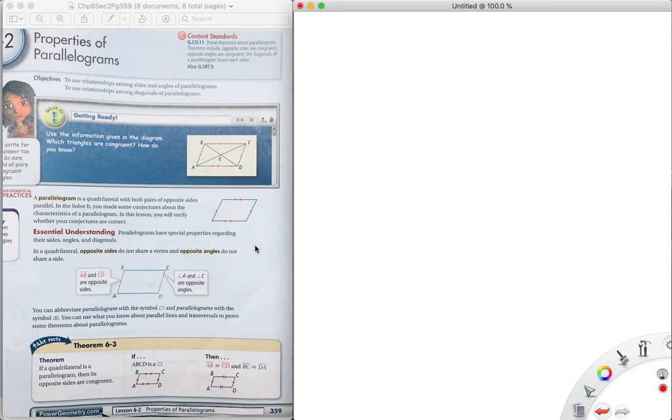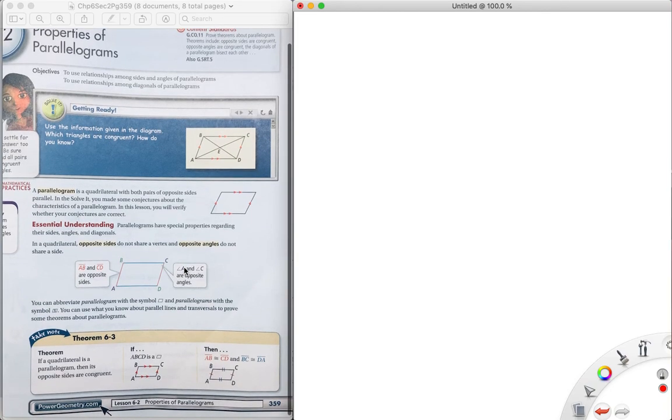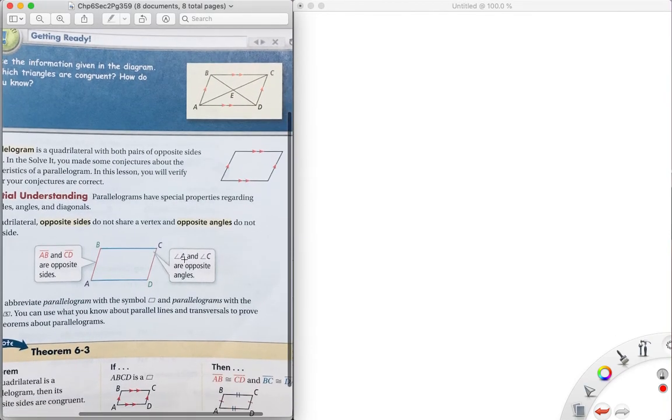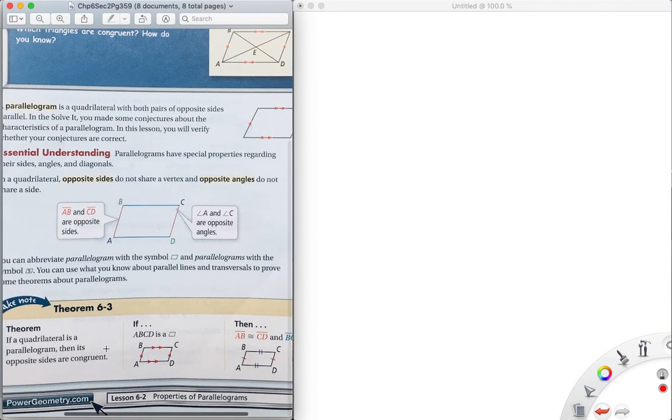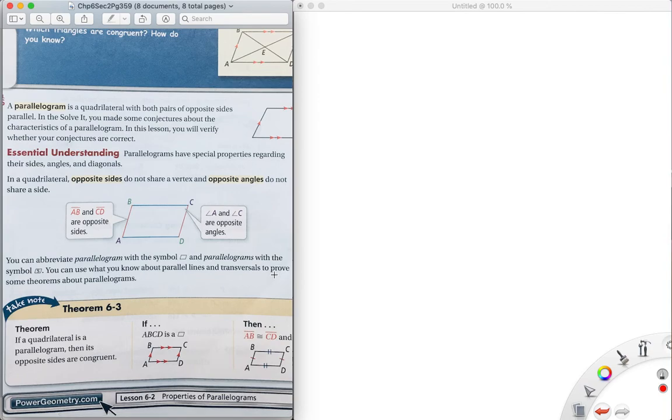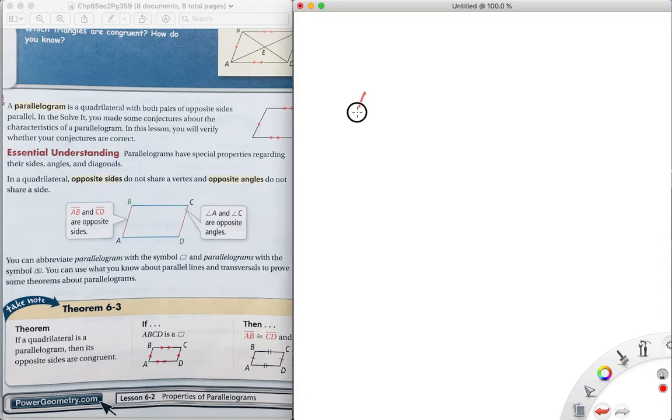Which leads us to our first theorem of the day. Theorem 6.3. If a quadrilateral is a parallelogram, then its opposite sides are congruent. So we have our parallelogram.